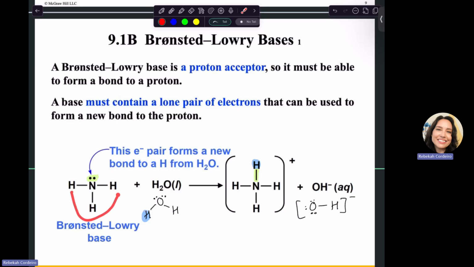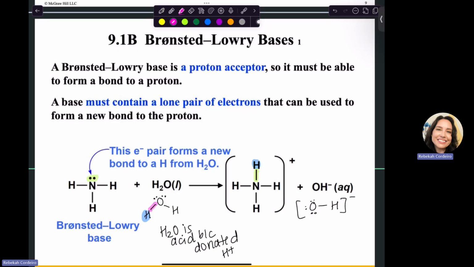So that means the NH3 turns into NH4, and it is acting as a base because it has accepted the H. The acid here is water. Water is acting as an acid because it donated H plus. And so what happened to these pink electrons right here in this bond? Well, here they are on the hydroxide. So they got moved to the hydroxide.